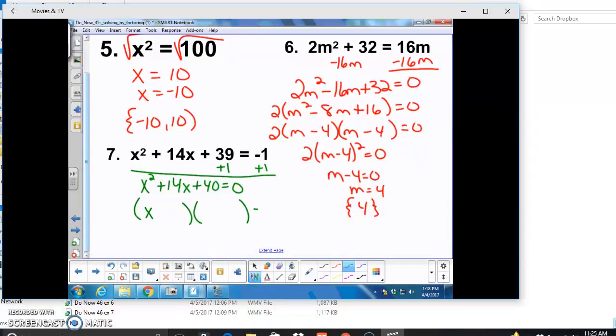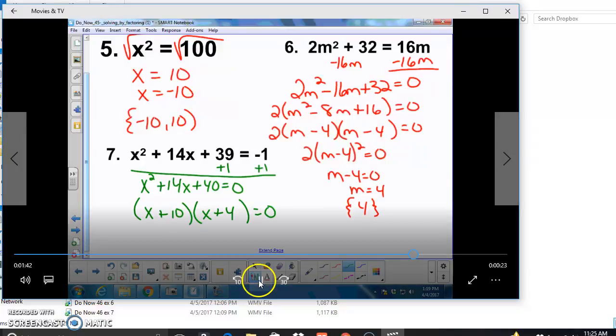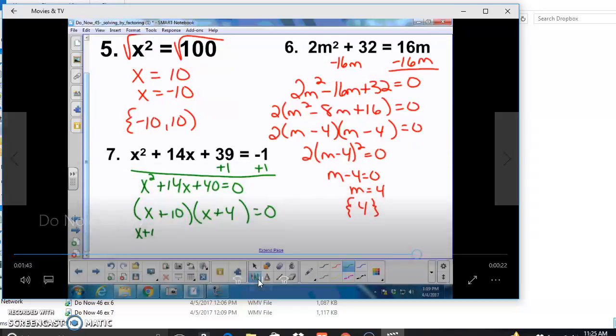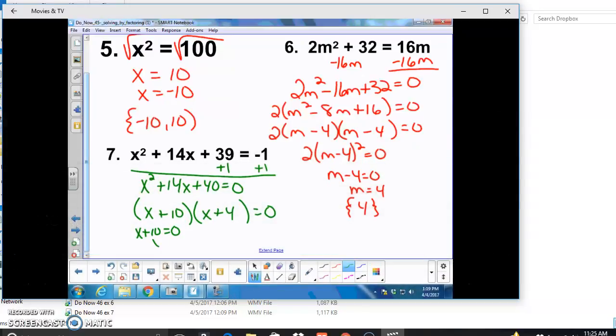So parentheses x, and equal to 0. So x plus 10 times x plus 4. Make sure that'll work. We would have 4x plus 10x would give us 14x. 10 times 4 would give us 40. So we're good on our factoring. X plus 10 equals 0. So x is -10.